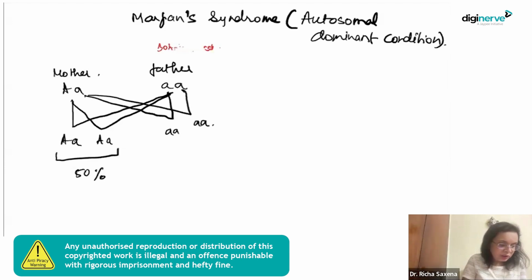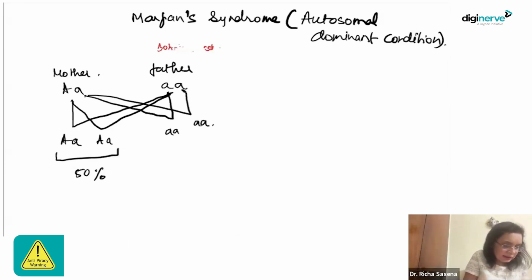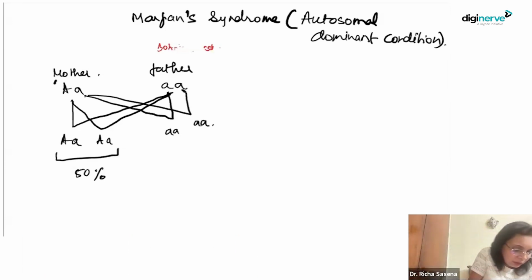So now from this, you can see that if the mother is suffering from Marfan syndrome, and the father is normal, the father would be small a, and the mother, because one gene is abnormal, in an autosomal dominant condition the disease will manifest. Her progeny could be either capital A, small a, or both small a.